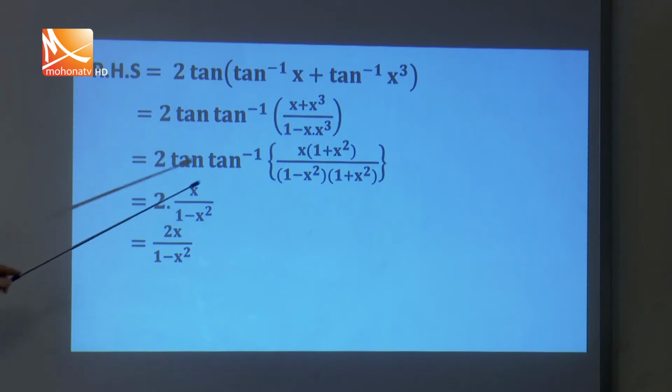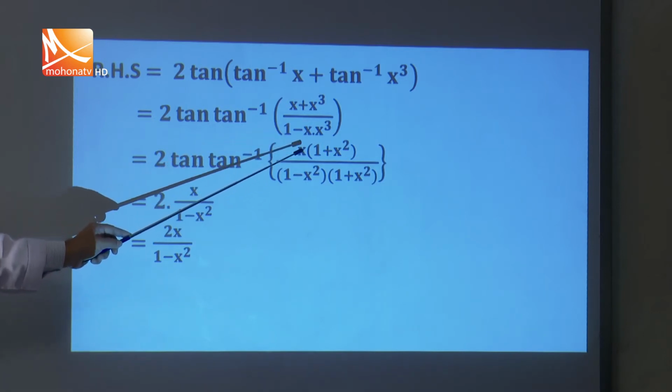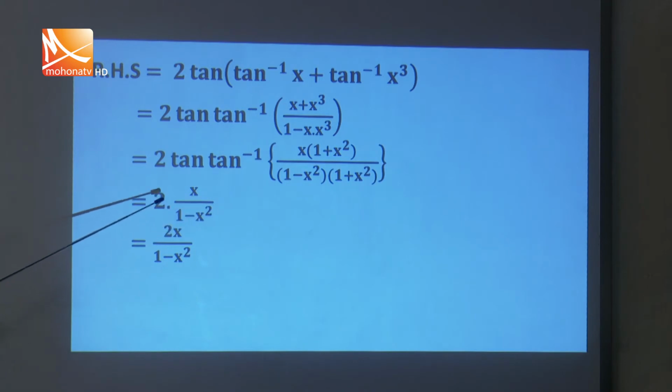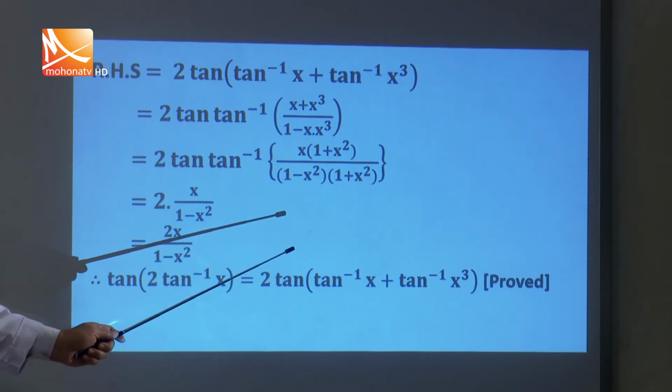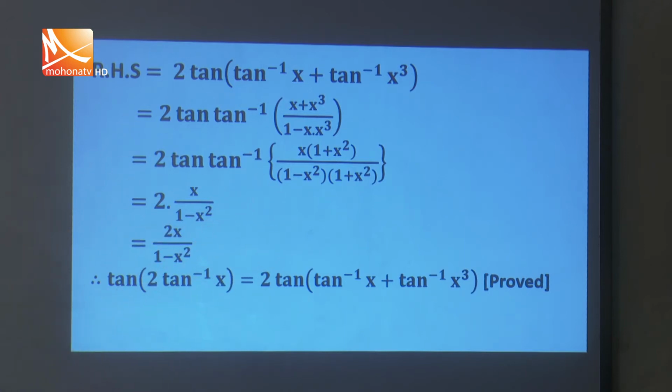So 2 into x by 1 minus x square will remain, so it will be 2x by 1 minus x square. Dear student, you just see that. So we can say that 2 tan inverse x equals 2 tan inverse x plus tan inverse x cube, hence proved. We are going to see the next one.